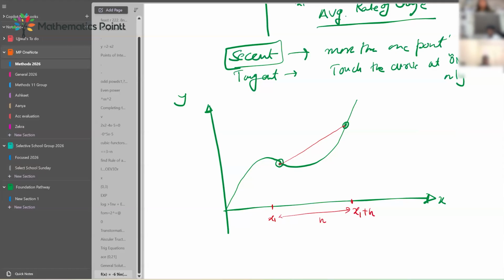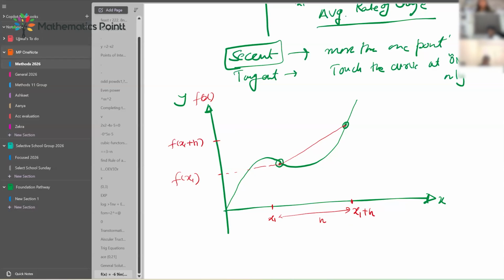So if I have to, and let's say this is f of x. So what would be this value? This value is f of x1. And this point will be here, f of x1 plus h, right or wrong? So far, so good.